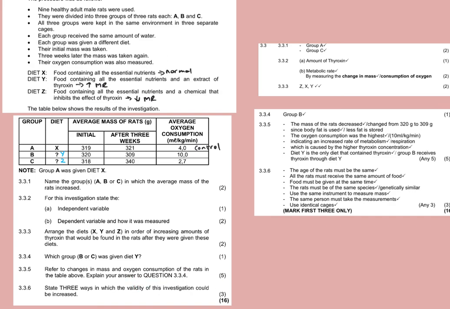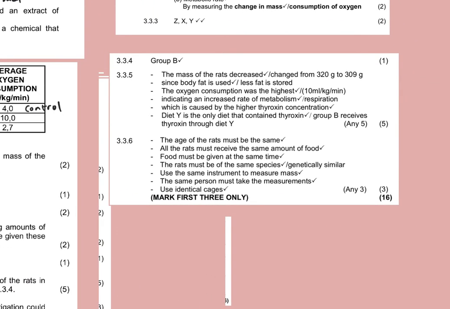That's a 5-mark question. So this is about the working of thyroxin. The mass of the rats decreased since body fat is used because you've got a fast metabolism. This is why people with a fast metabolism can lose weight. They burn their body fat more easily. The oxygen consumption is the highest, which indicates an increased rate of metabolism or cellular respiration, which is caused by the higher thyroxin diet.